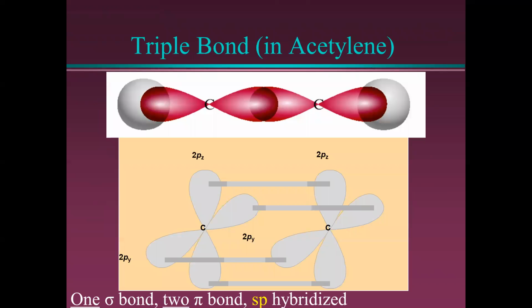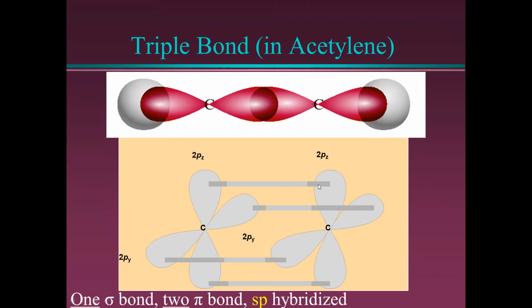Okay, for the triple bond, you have sp hybridized, only two hybridized orbitals. And the other two are unhybridized. They are, for example, py and pz.